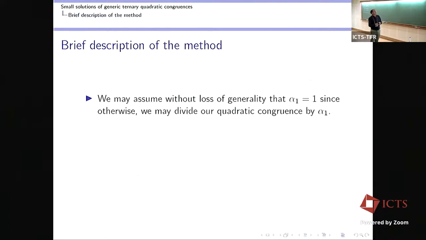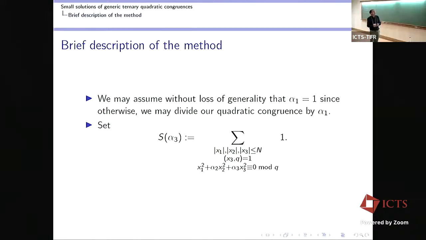Okay, so a brief description of the method. This method is quite straightforward. It's not very difficult. Good, so that is the quantity which we want to get an asymptotic formula for.